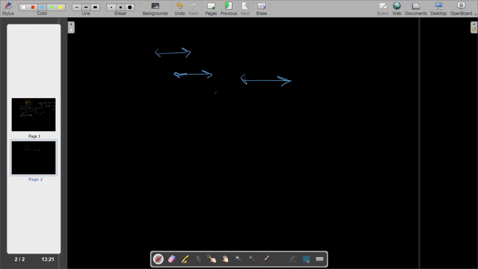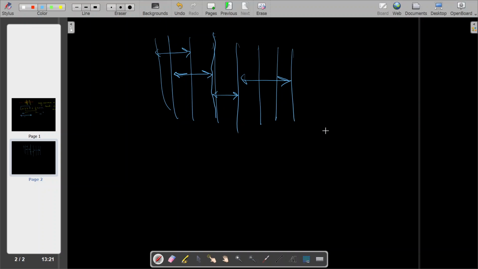Whenever a line ends completely and a new line starts, we have to find those points. At each position, we have to find the number of points where there is no intersection.